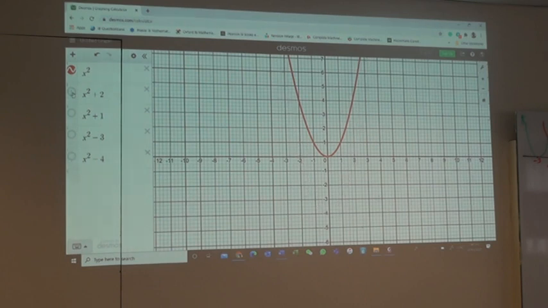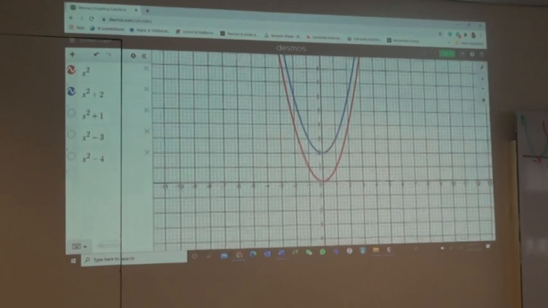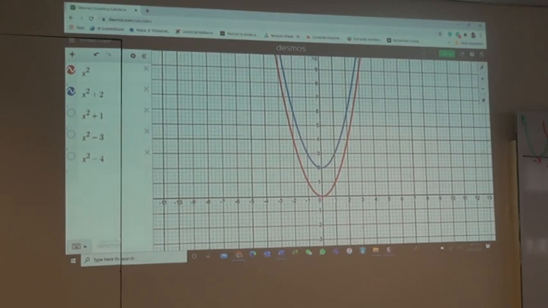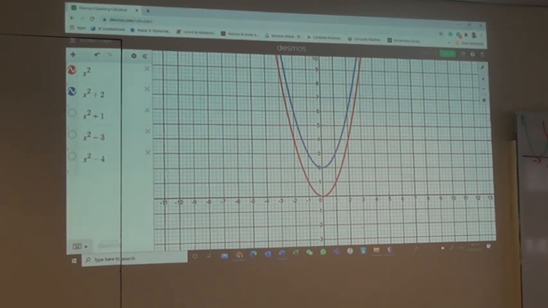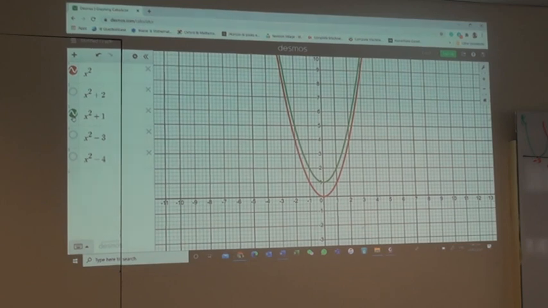So let's take one by one. Look at this. Did you notice anything? What do you notice? It moves upward by 2, right? For this one, it moves upward by 1.